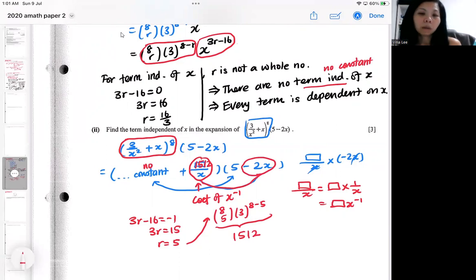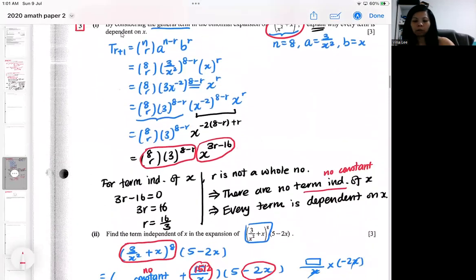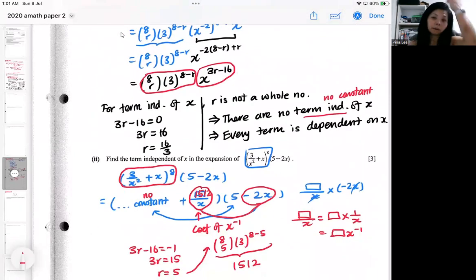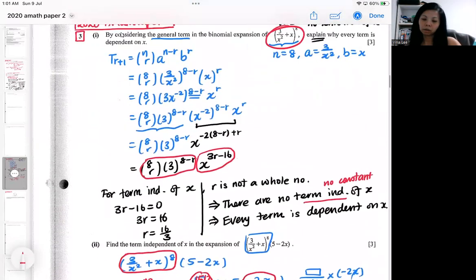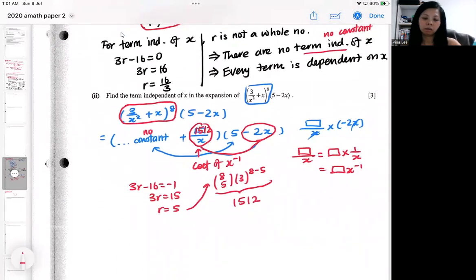So essentially, you also need constant times constant. But in this specific question, from the first part, we already know that it's not possible to get any constant. Okay, so it's a question that integrates the general formula and also the arrow method, which you learn in binomial.